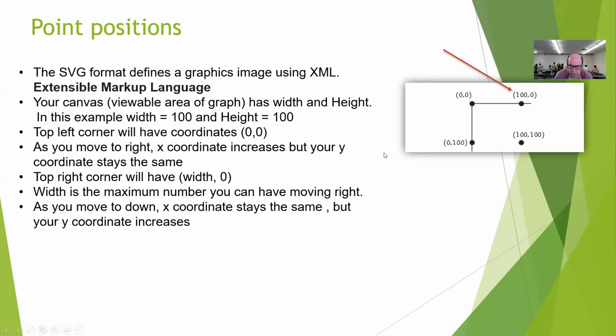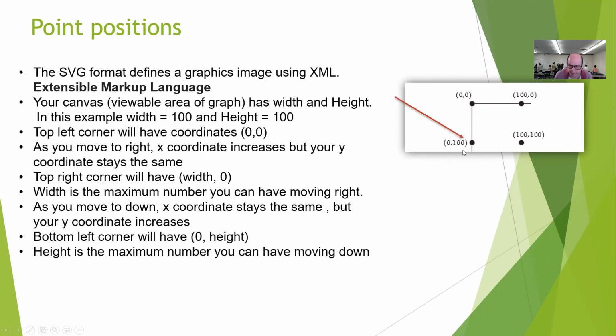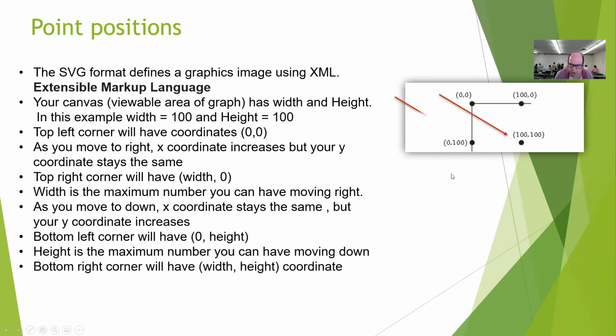And then when I'm going down, my Y is changing and my X stays the same. So here I have 0 with the height, that was 100. So my X stays at 0, my Y increases going down. And of course, at this point, my X and Y both are increasing, and that's where I have it, this one.